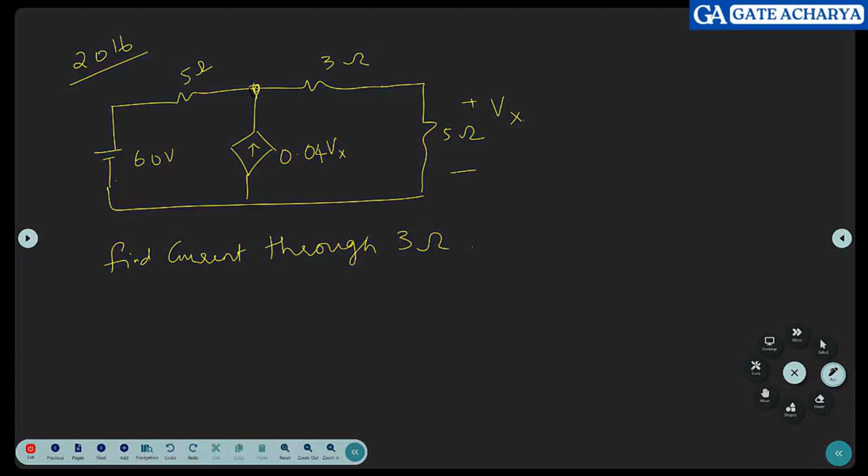How many branches are there? 3. You can give a name like V1.